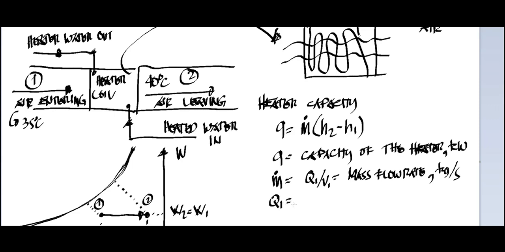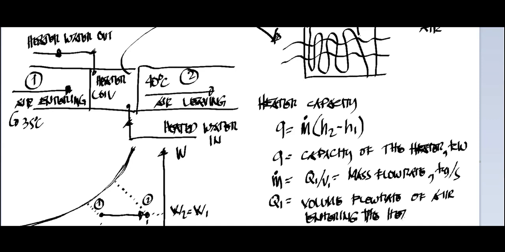Let's define Q1 as the volume flow rate of air entering the heater. The unit will be cubic meter per second, so take note of that.